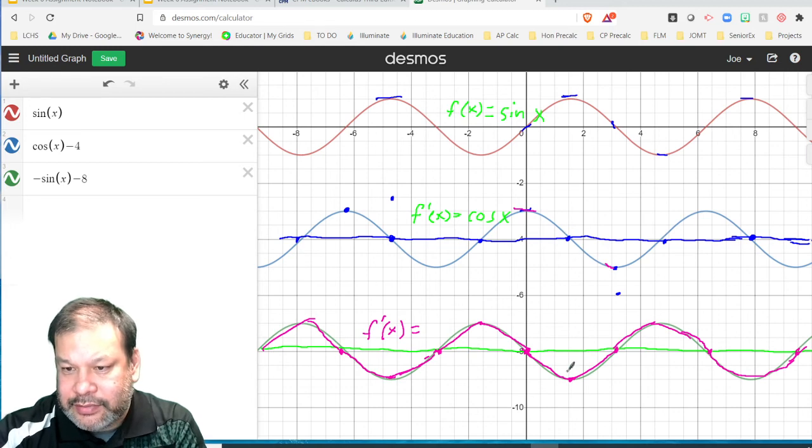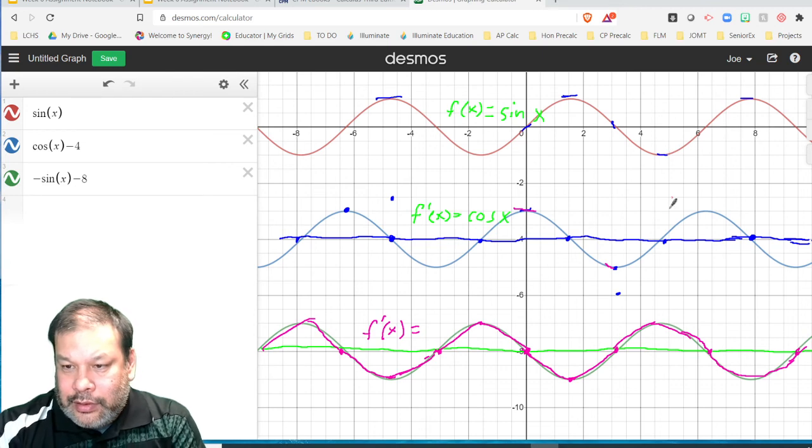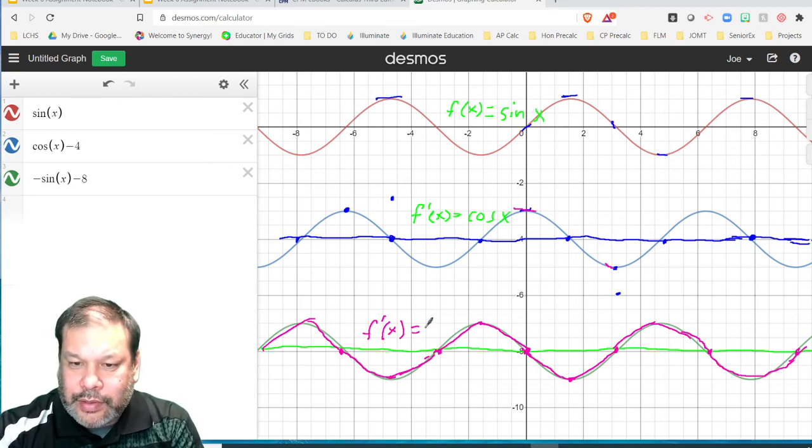Where it's a max, it's at a min. Where it's a max here, it's at a min. And where it's a min here, it's at a max. So remember, when a sign is negative, it just flips it. So this is sine of x.